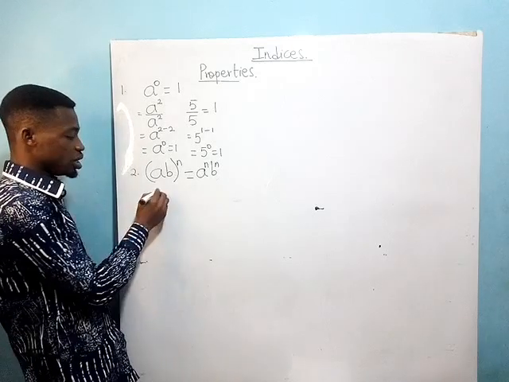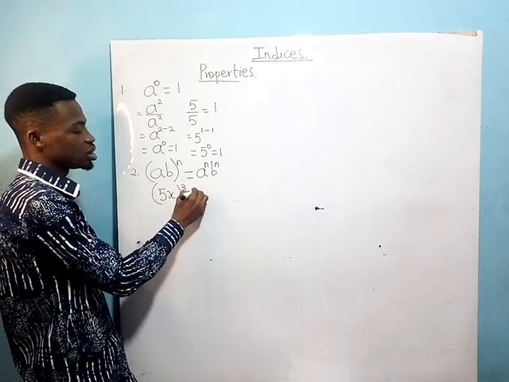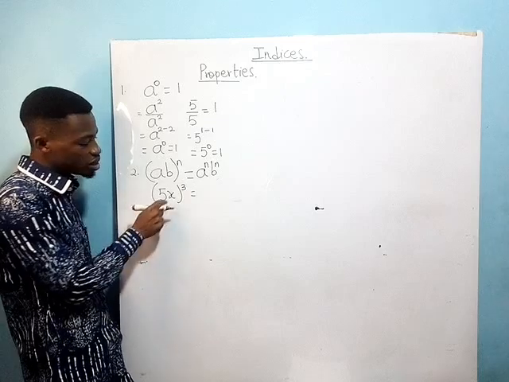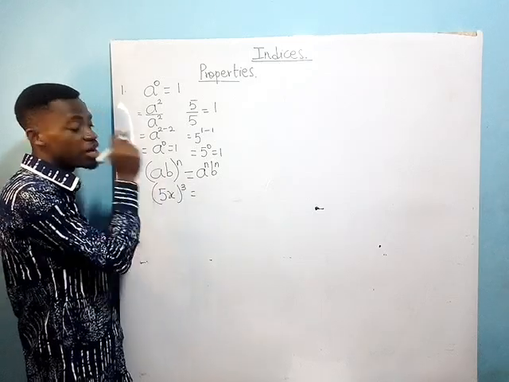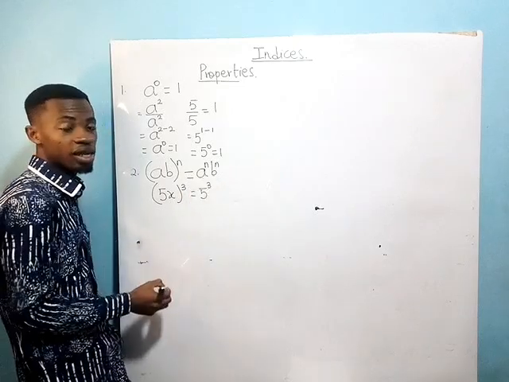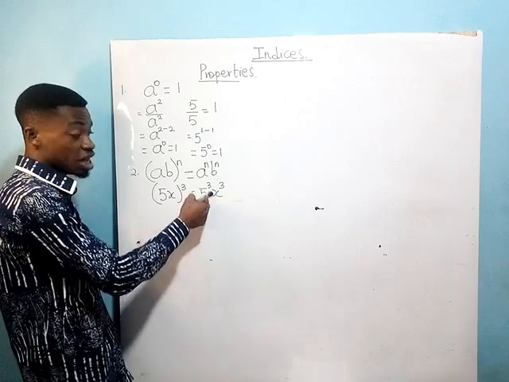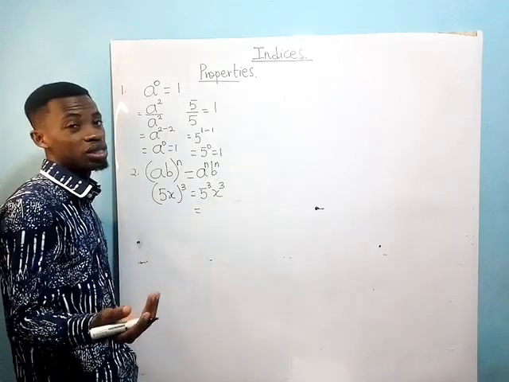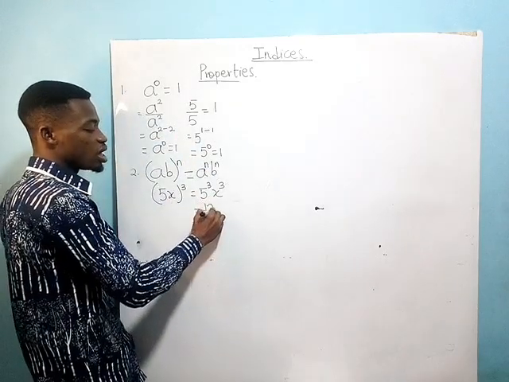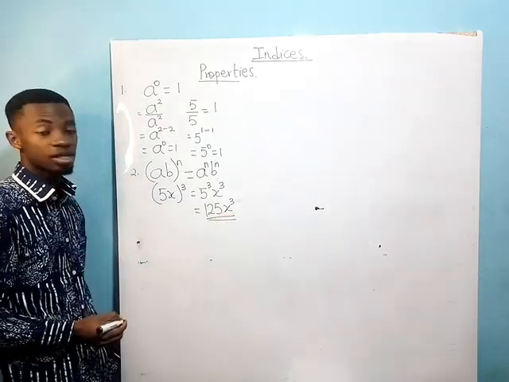For example, if we have (5x) to the power 3, the 5 is affected by the exponent, and also the x is affected by the exponent. So this gives us 5 to the power 3, x to the power 3. And 5 to the power 3 is 125, which is 5 times 5 times 5. So 125 x to the power 3.